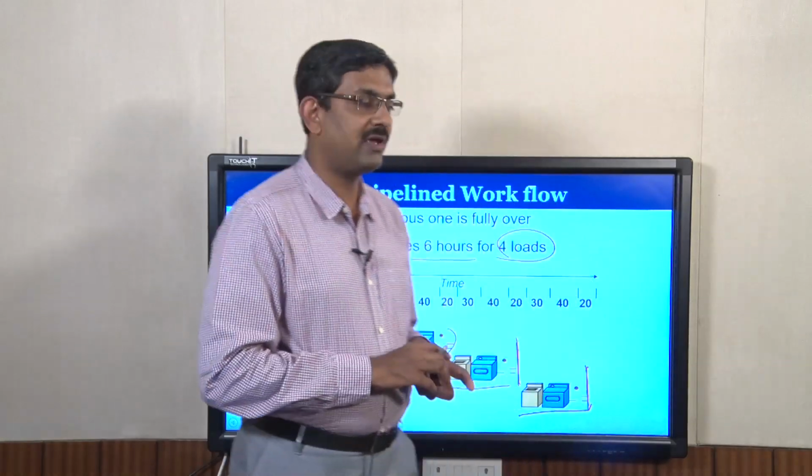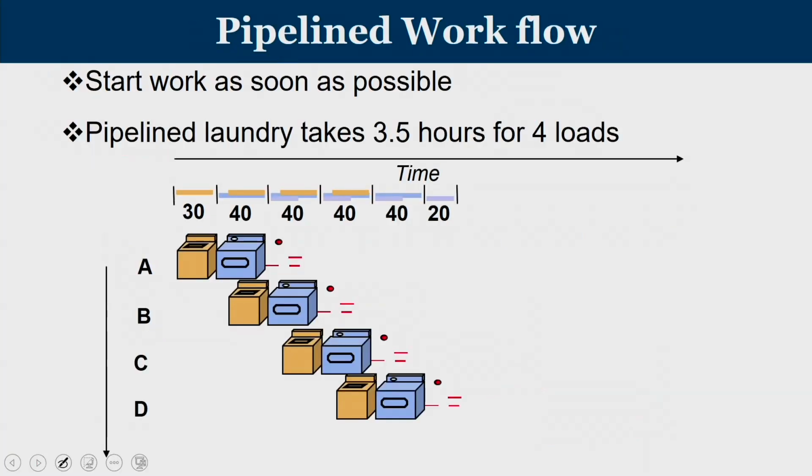That is exactly what we are going to do with a pipelined laundry. In the case of a pipelined laundry, the concept is to start work as soon as possible. If the functional unit that is going to carry out the work is available, start the work. So, when the drying is in progress, the washing for B will start. When the folding is in progress for A, the drying for B and washing for C are happening in parallel.